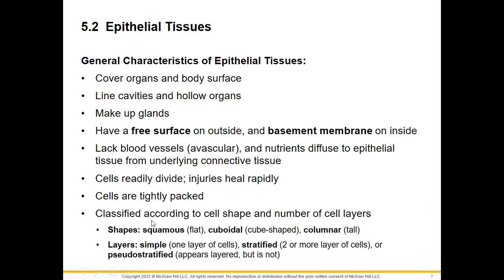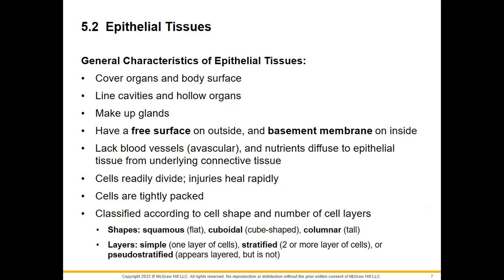Your squamous cells, I've heard it described as looking like fried eggs. So if you had a bunch of eggs that you cracked open on a skillet and you just put them side by side without scrambling them and just let them cook, that is what a squamous cell looks like. Again, we'll see another picture soon, but keep in mind that's what a squamous cell looks like: flat.